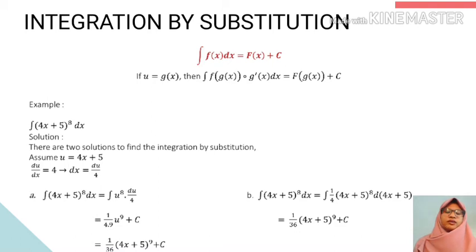The second solution: integral of (4x plus 5) to the 8 dx is integral of a quarter (4x plus 5) to the 8 d(4x plus 5), which equals 1 over 36 (4x plus 5) all raised to 9 plus c.